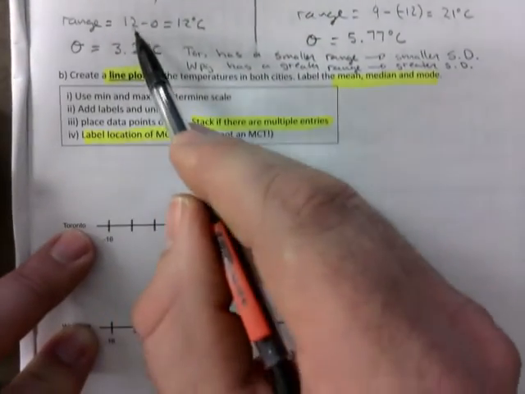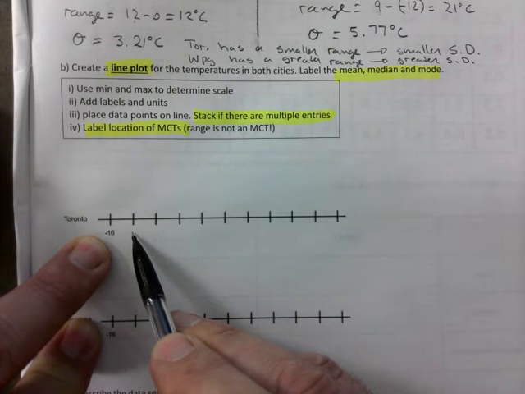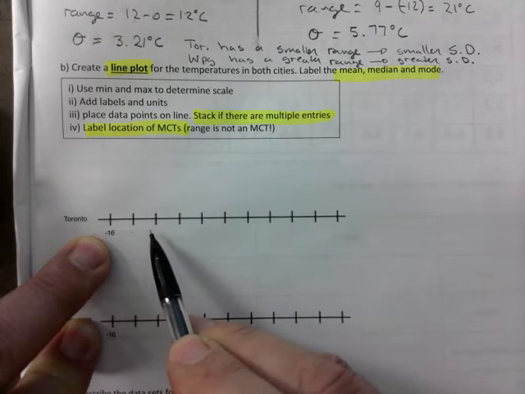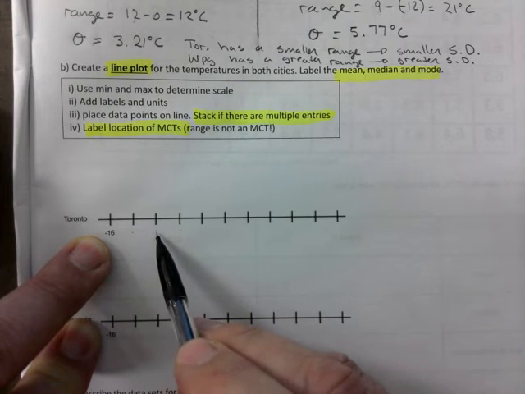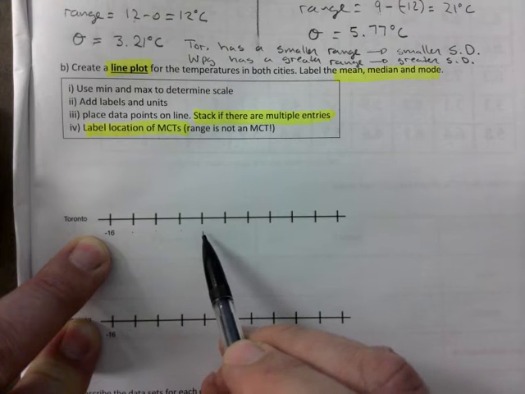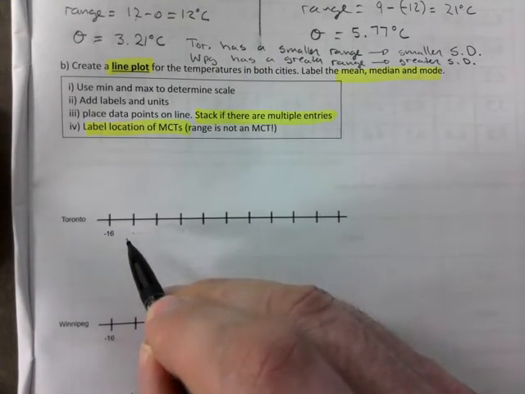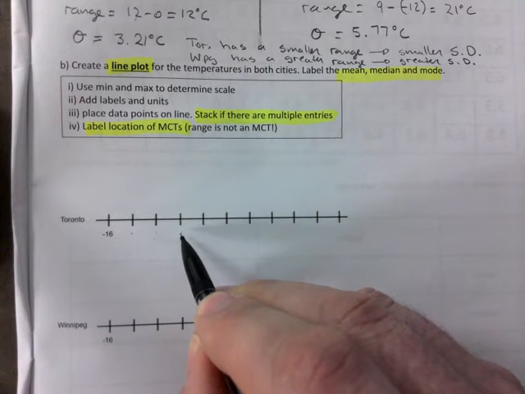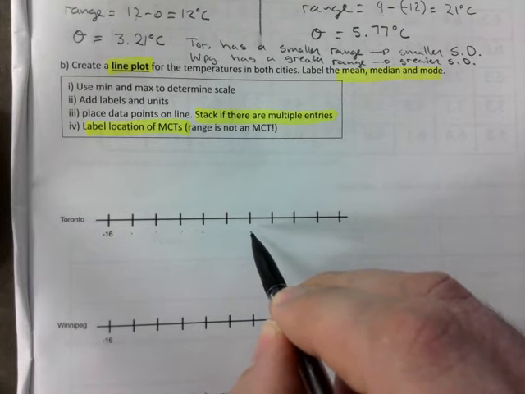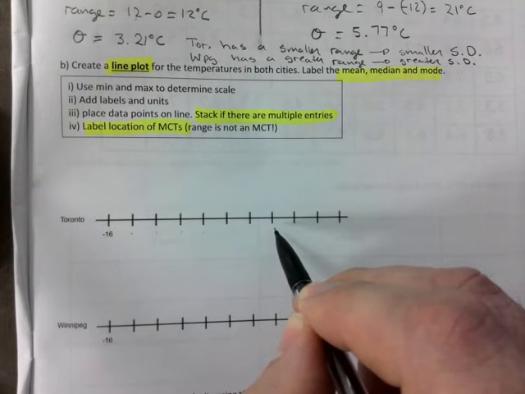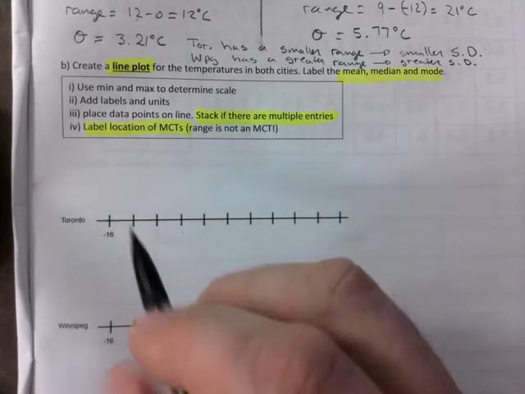So as long as I get to 12, I'm fine. Let me see here. I think if I go by 2s, I should be fine. 12, 10, 8, 6, 4. No, I need to go by 3s, I think. Yeah, I'm going to go by 3.